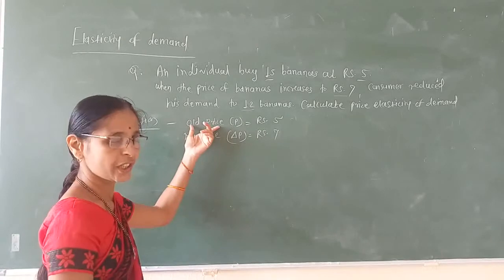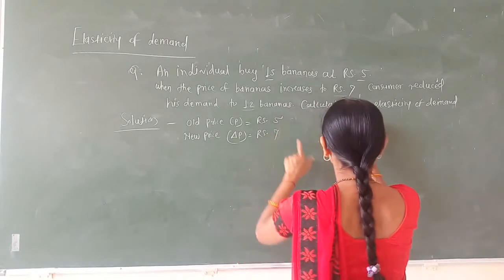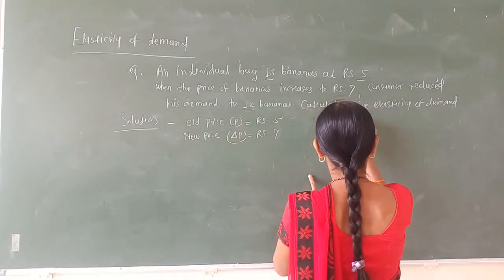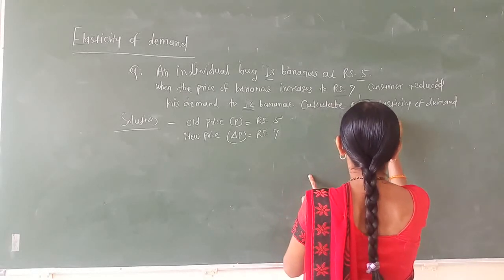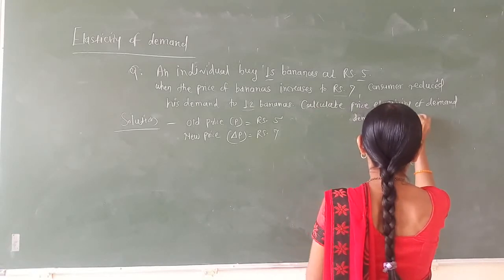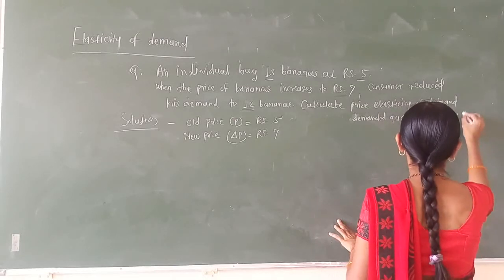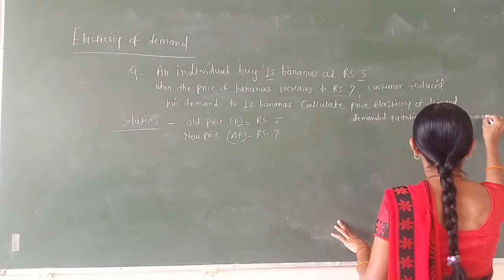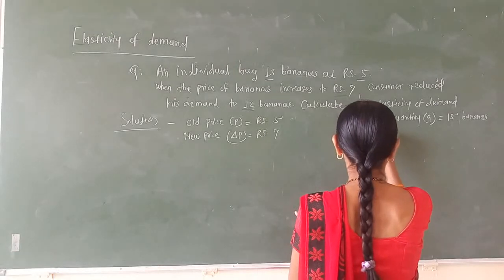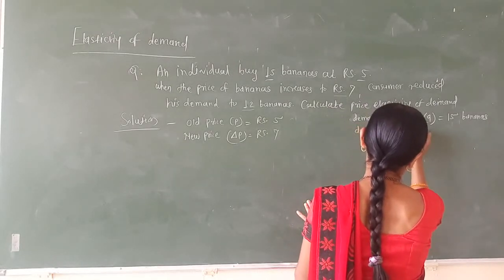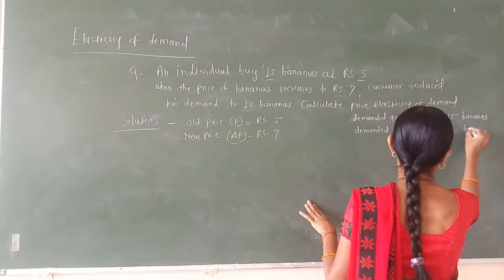At the initial price, the old price of rupees 5, the consumer demanded 15 bananas, and at the new price the quantity demanded by the consumer is 12 bananas.